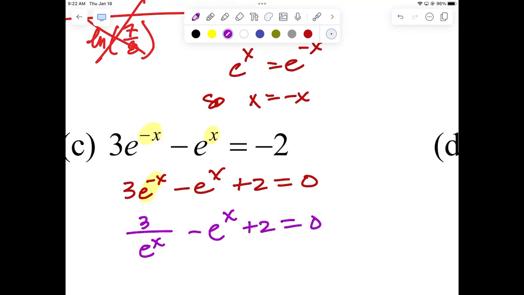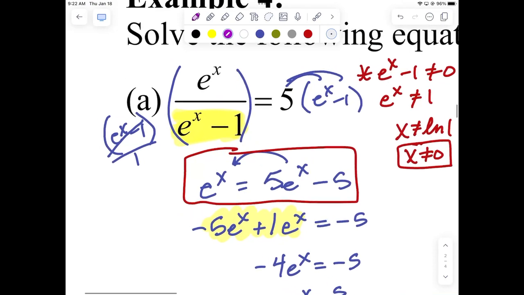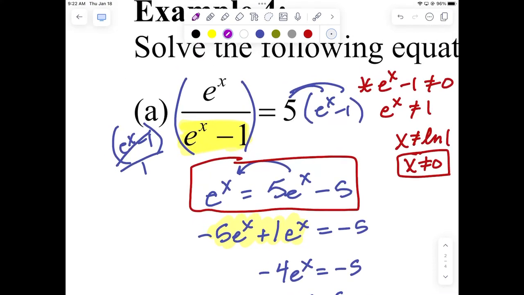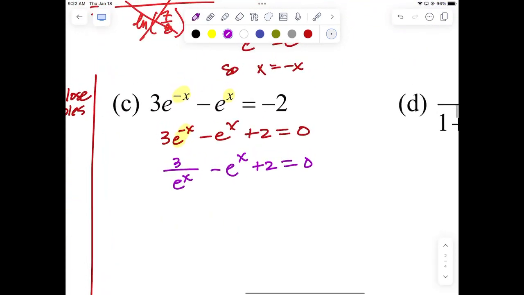Now, what did we do on example A when we had a denominator? What did we do on the warm-up when I had a fraction? I multiplied both sides by the LCM. Yeah. So simply by rewriting it with a positive exponent, I've created a denominator.